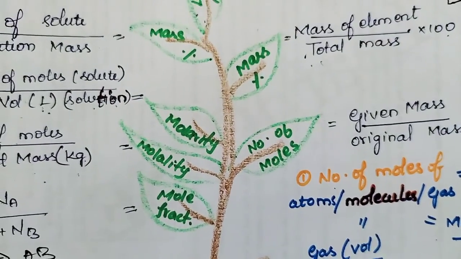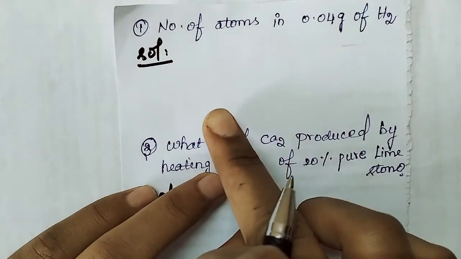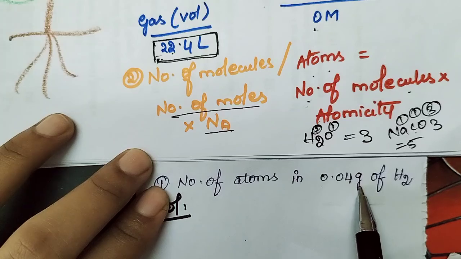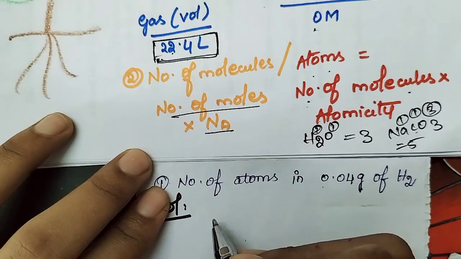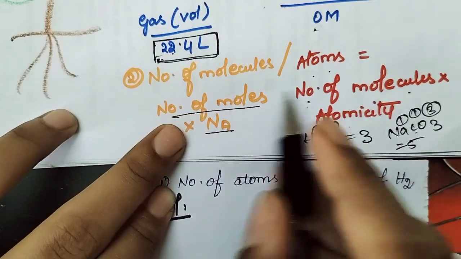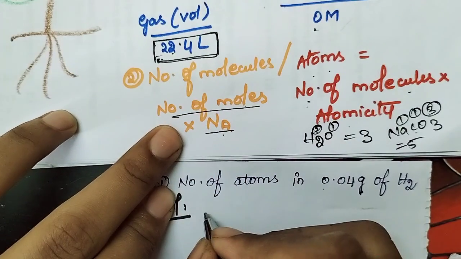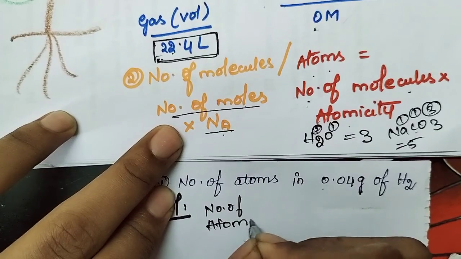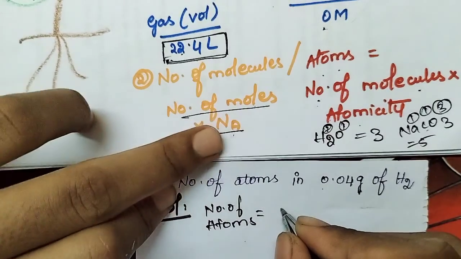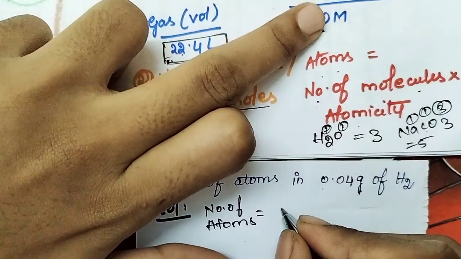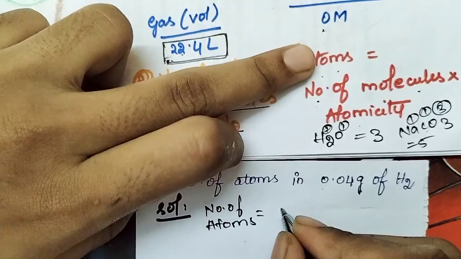Okay, now we will see some sums. Find the number of atoms in 0.04 gram of H2. How will you do it here? Number of atoms equals number of molecules into atomicity, and number of molecules equals number of moles into Avogadro number. To find moles, we use given mass by original mass.